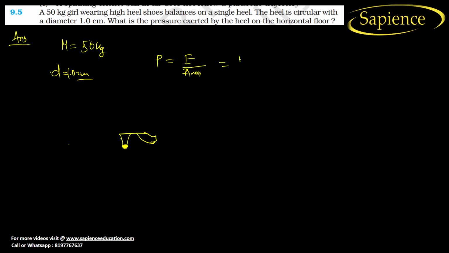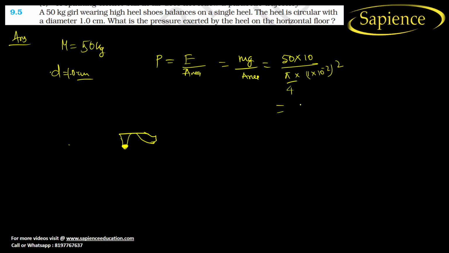So pressure is equal to mg divided by area. Mass is 50, g is 10, divided by area, which is pi r squared. The radius is 1 into 10 to the power minus 2 divided by 2, since it is the diameter.